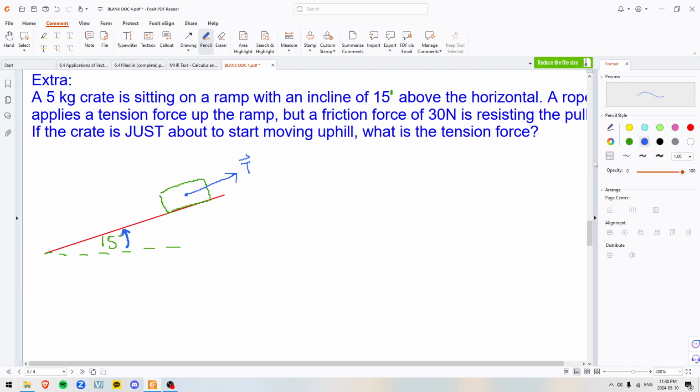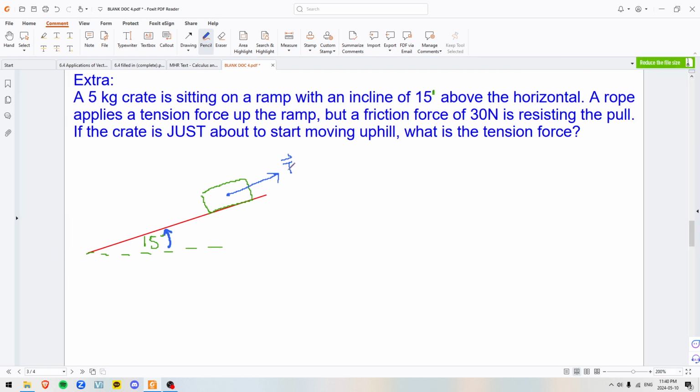There is a rope pulling the crate up the ramp, but a friction force is resisting it. If the crate is just about to start moving uphill, that's another way of saying everything right now is in perfect equilibrium. What is the tension force?